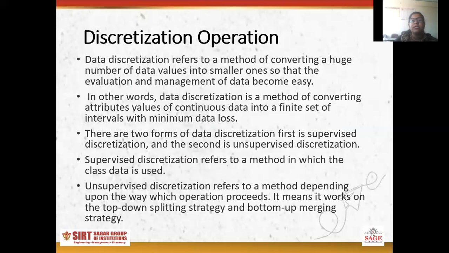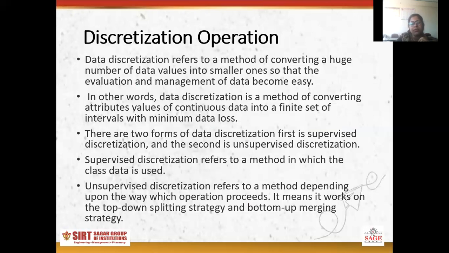data discretization refers to a method of converting a huge number of data values into smaller ones so that the evaluation and management of data becomes easy. This discretization we have also discussed previously while dealing with transformation.